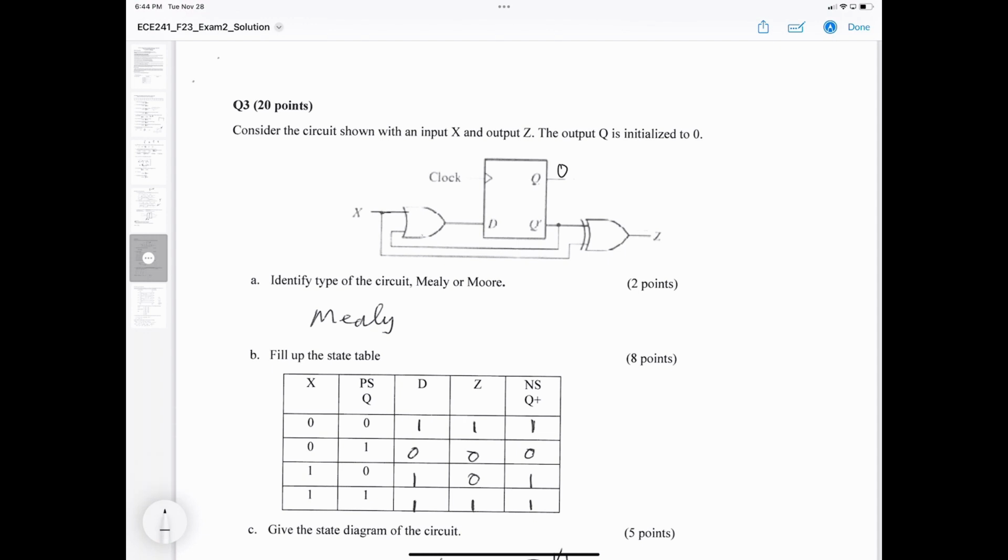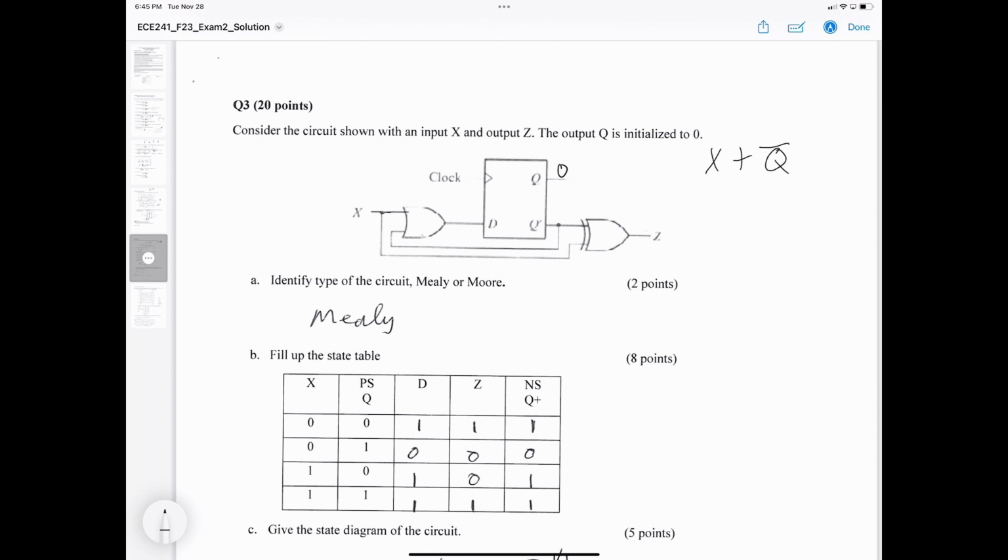So if they're both a 0, D is also a function of Q bar. So it's also an OR gate. So if Q is 0, what is D equal to, right? D, the Boolean algebra, is X plus, which is OR, Q bar.